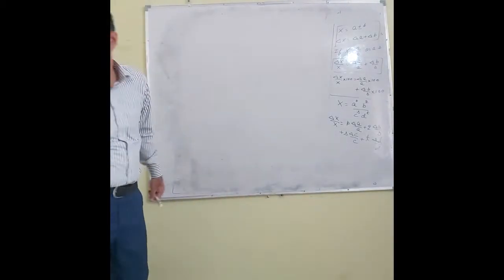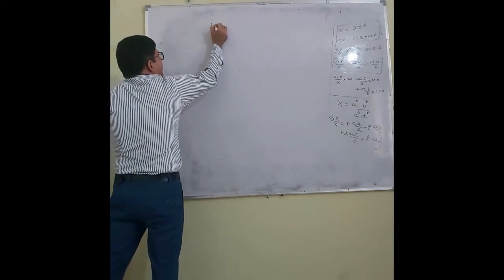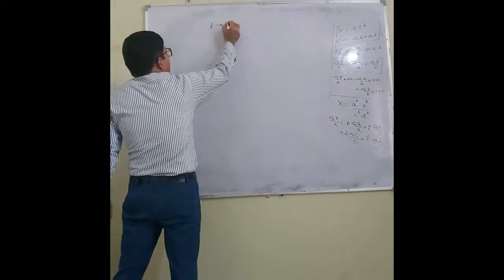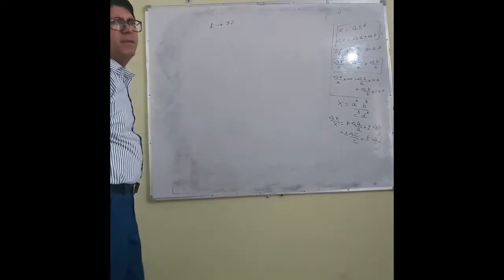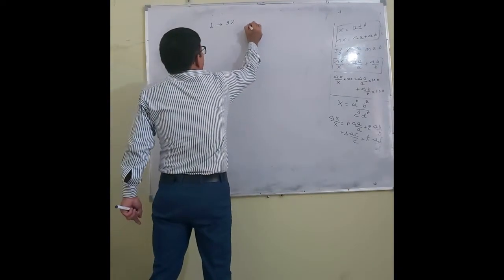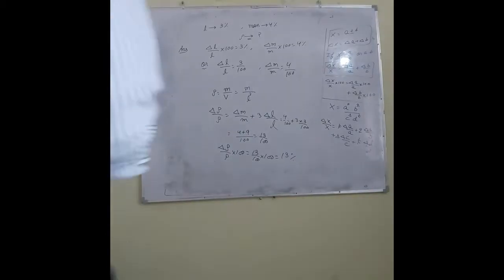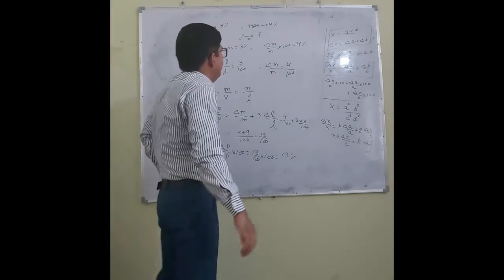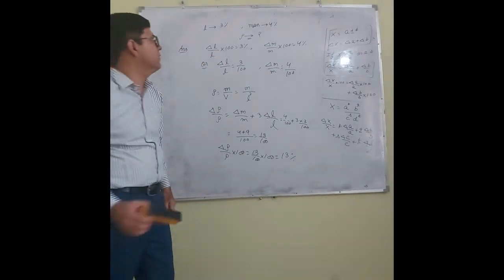We are given a cube, and L is its side, and 3% error is recorded in measuring L, and now the error in the measurement of mass is 4%. What is the error in measurement of the density?